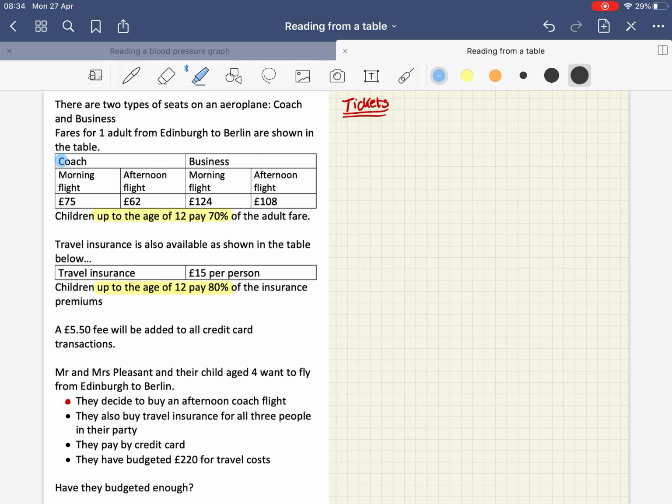Firstly, it's coach, and then it's afternoon. So I'm using this value here. Slowly highlighting and picking out that bit of information is going to help you stop making some silly mistakes. And in the next example, I'll talk through a really common silly mistake that happens with these sorts of questions. So, firstly, just jotting down the cost of one adult.